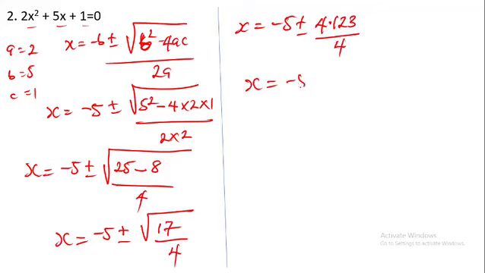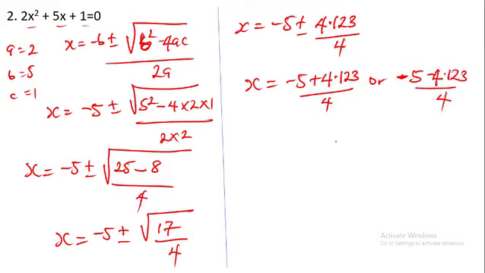X is equal to minus 5 plus 4.123 all over 4, or minus 5 minus 4.123 all over 4.